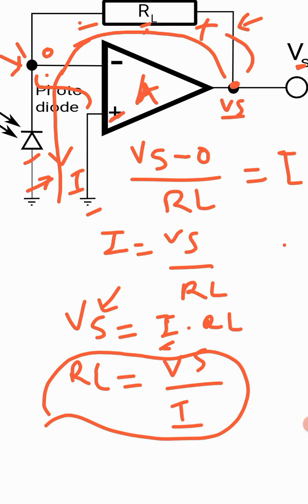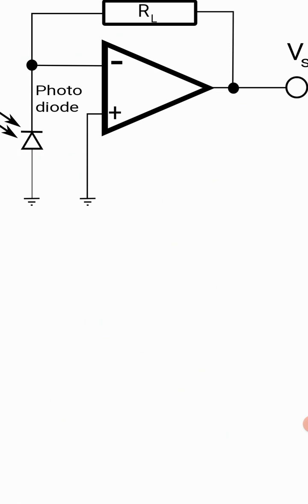We are connecting the output back to this node at the inverting terminal. So this is how the circuit is called a current to voltage converter, an I to V circuit.